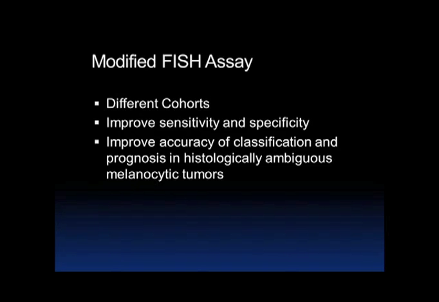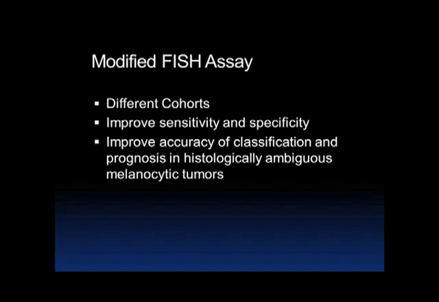But as it always is, the first study is great. It shows great results, and then people try to recapitulate that, and it actually doesn't turn out that great. Now, the problem is that this was only 27 melanomas, and you have different cohorts. If you look at different cohorts, you have different chromosomal aberrations that might not be detected with that.